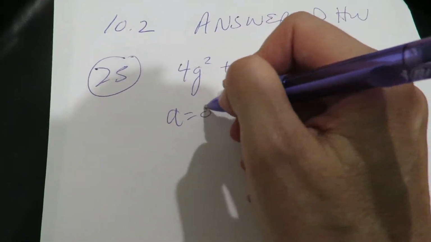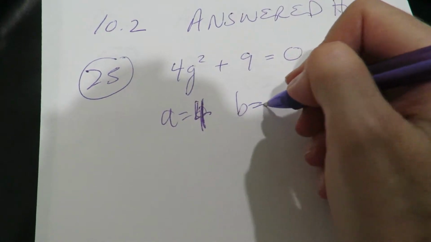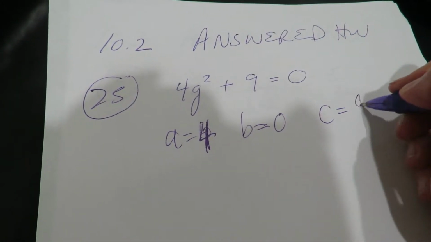So for the quadratic formula, because there is no linear term, you're going to take it as 0.